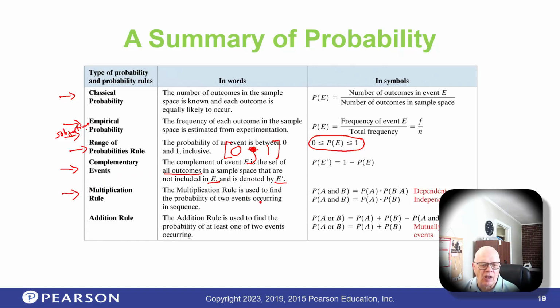If the events occur in sequence, one after the other, or just think of them as one after the other, even if you're rolling 2 dice, you could do them at the same time, but think of them as separate. It doesn't matter really. And the addition rule, remember this is for when you either specifically see the word or, or it's implied.